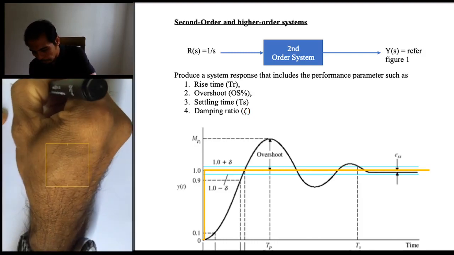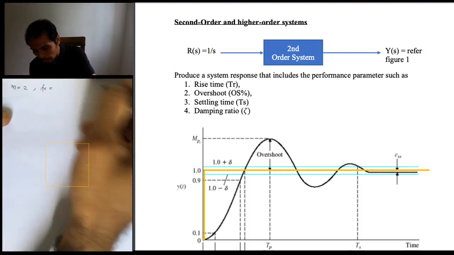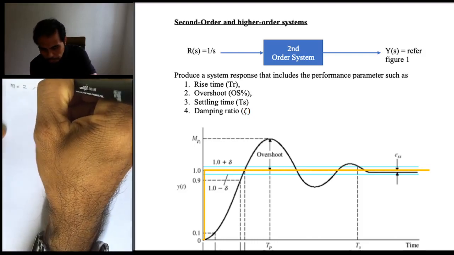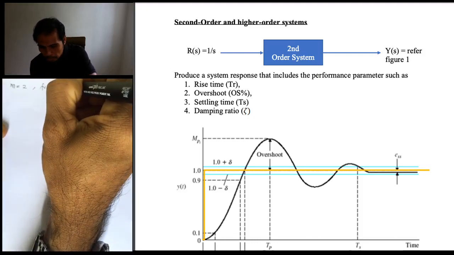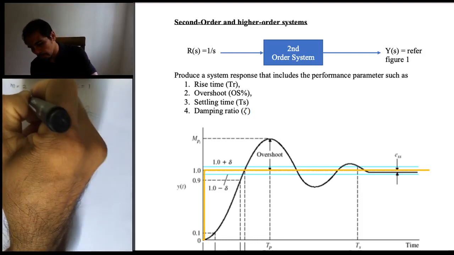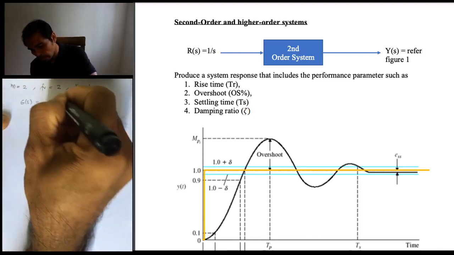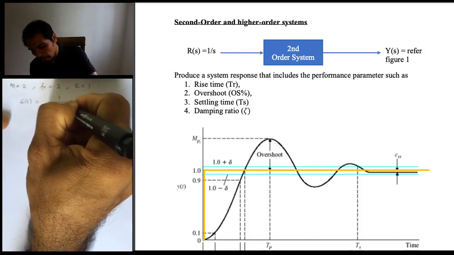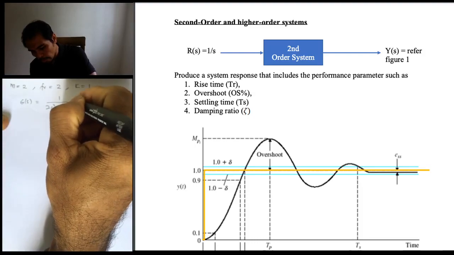It's okay. FV maybe remains 2, and then K equal to 1. All right. So our new transfer function will be 1 over 2s squared plus 2s plus 1.